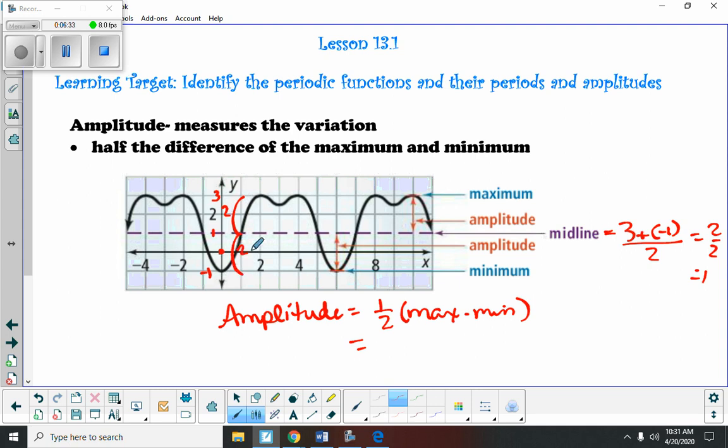So if we want to use the numbers, 1/2, the maximum height is 3, minus the minimum, so minus a -1. That would be 1/2 times 3 plus 1, so 1/2 of 4, and that would be 2. So the amplitude is 2, which we figured out. With one that's smaller like that, we can just count.